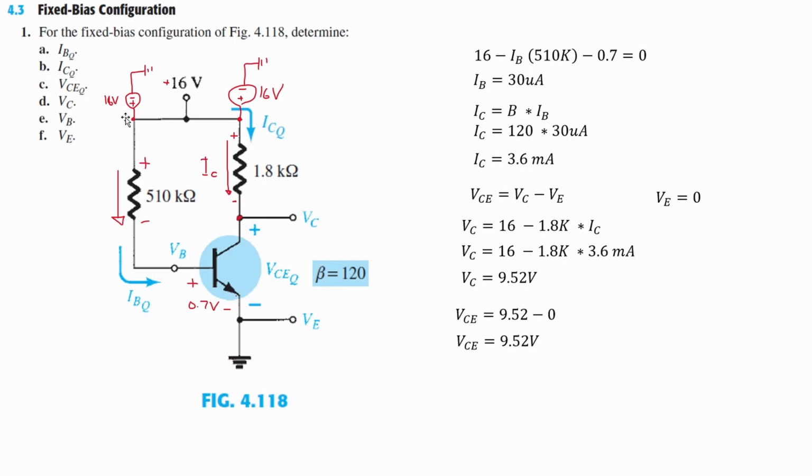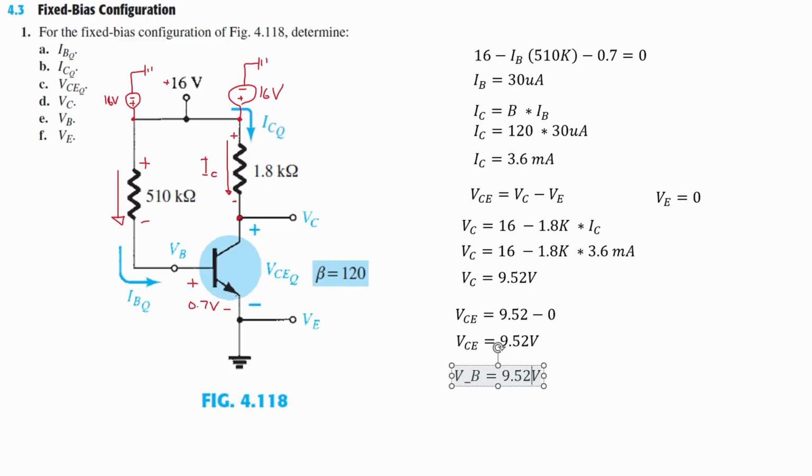Start tayo sa 16 volt and then we follow the current. So when we were following the current, may voltage drop yung nangyayari. So the direction of current is right here. And then going to the VB. So 16 volts minus yung voltage across this resistor. So let's do this.